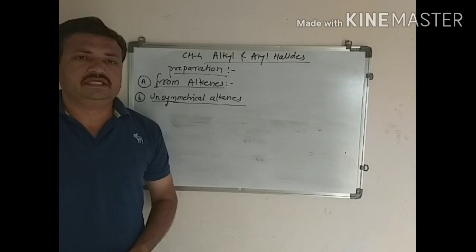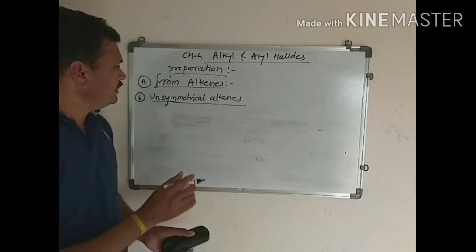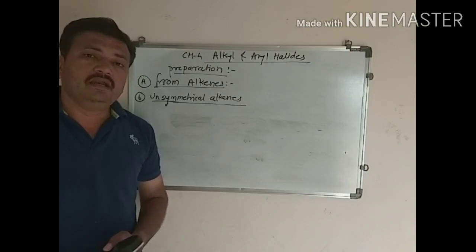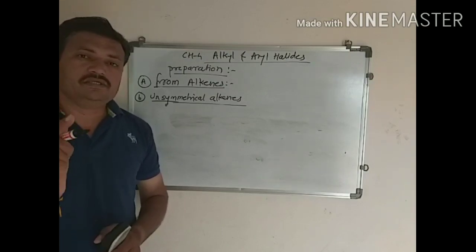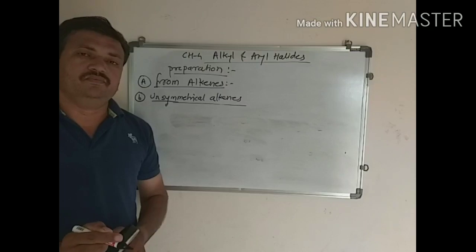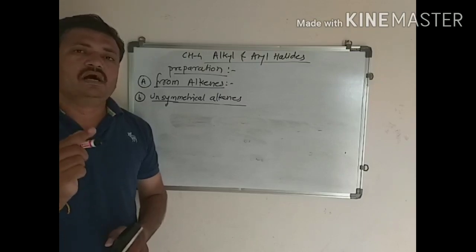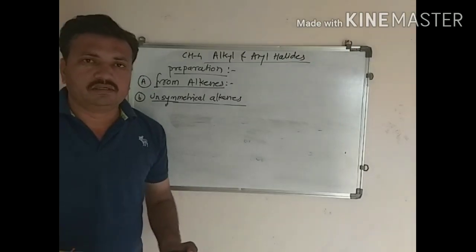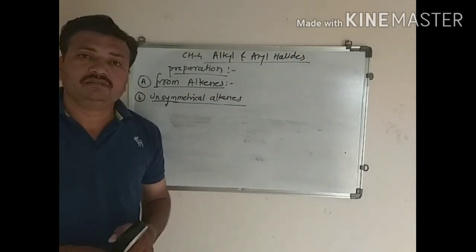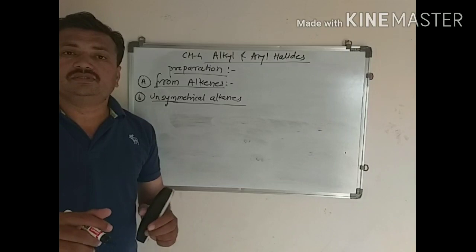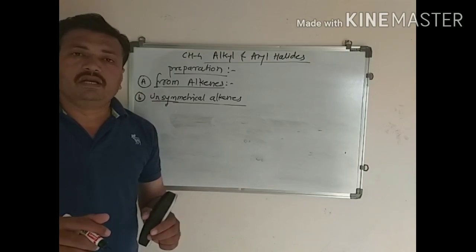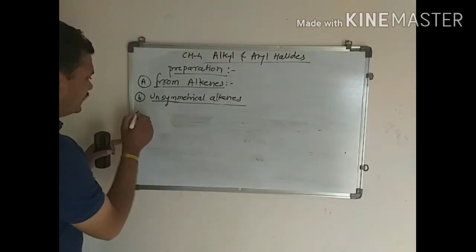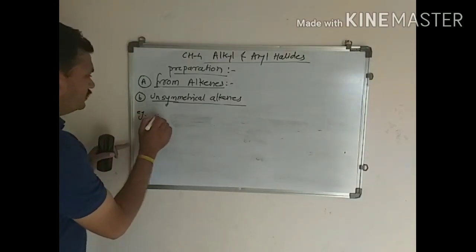Markovnikov's rule states that when an unsymmetrical alkene reacts with unsymmetrical reagent, then the negative part of the reagent attached to that carbon atom which carries less number of hydrogen atoms, and we get the major product, and the least product in which the negative part of the reagent attached to the double bonded carbon which carries more number of hydrogen atoms.